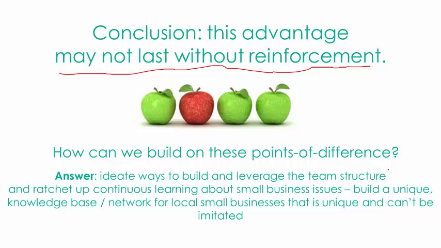So the thing to think about there are ways to build and leverage the team structure that's in existence and to really build and ratchet up continuous learning, as well as how you deliver service processes to small businesses, because that uniqueness is something that can be built, and you can actually turn it into a knowledge base into something that's difficult to imitate, but it takes a really conscious effort. You can't just assume it away because we have people.